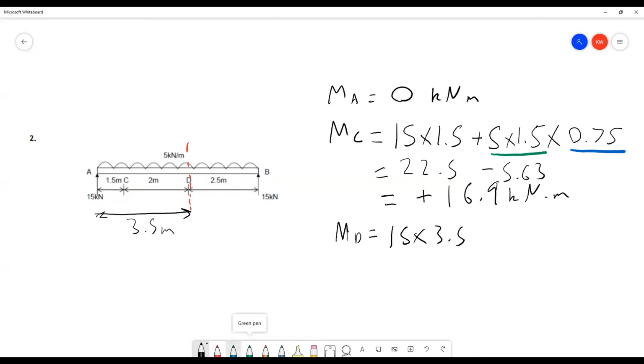And again, we've got the UDL to deal with. Now this time the UDL is applying to this full 3.5 meter length. So it's going to be applied halfway along, which is a distance of 1.75 meters, that's half of 3.5, 1.75 meters away from point D, and it's going to be 3.5 times 5, that will be the size of the force.